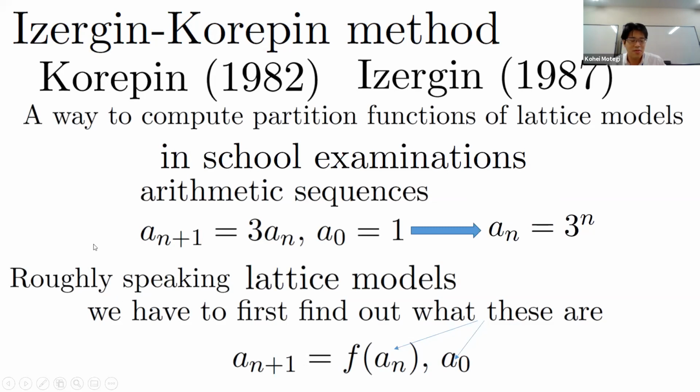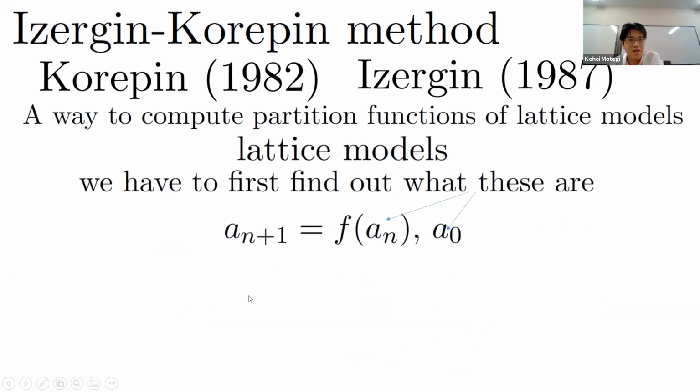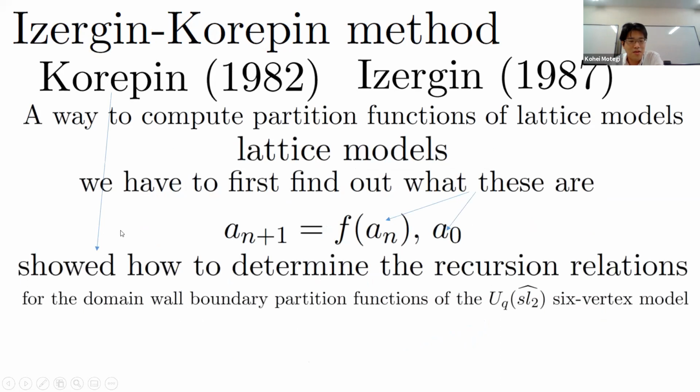This is not precise, but roughly speaking, it's more or less like this. And Korepin showed how to determine this FAN and A0 in his paper in 1982.